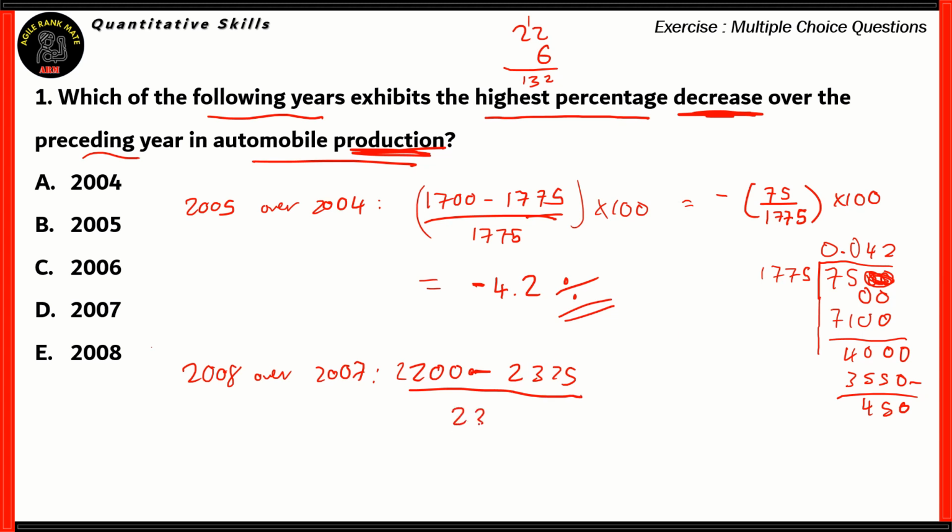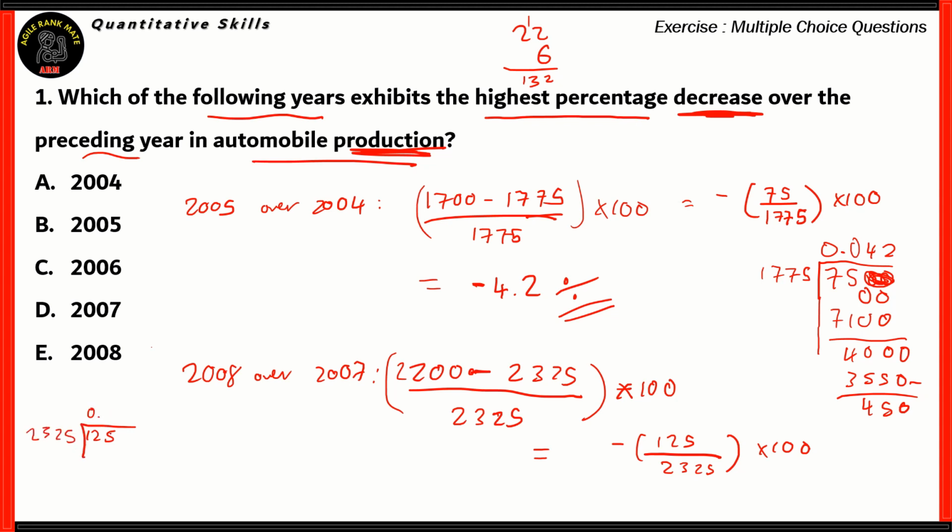So that will be 2,325 multiplied by 100. So therefore what we get is minus of 125 over 2,325 times 100. So 125 over 2,325. So you get 0.0.